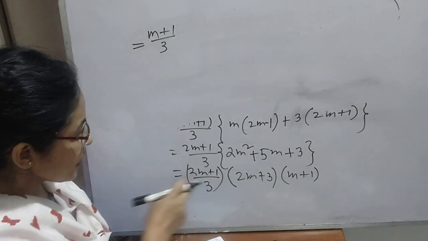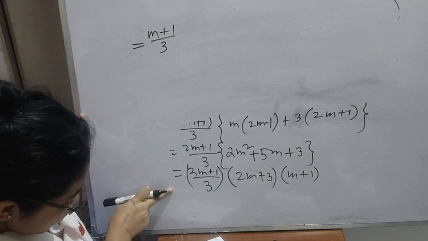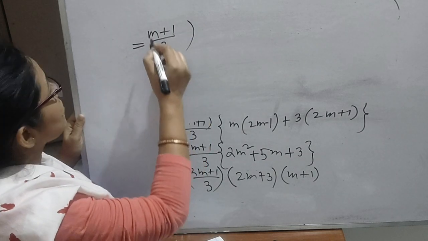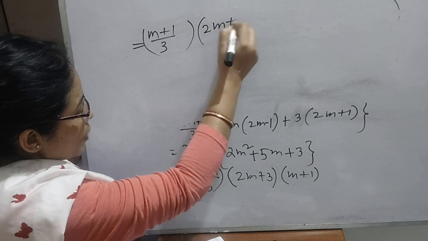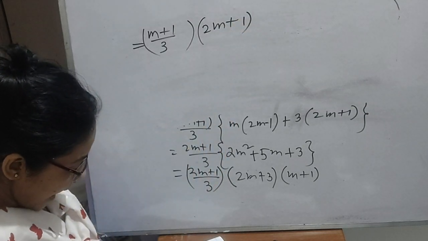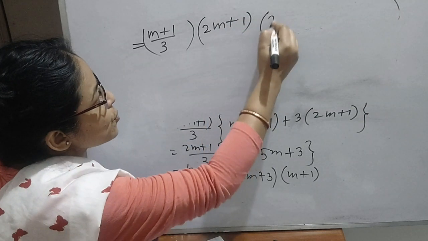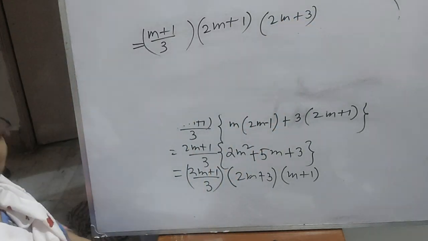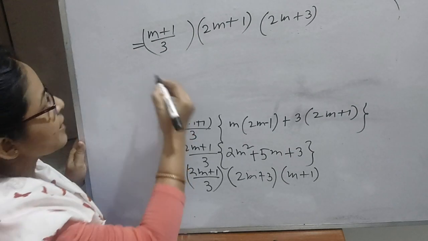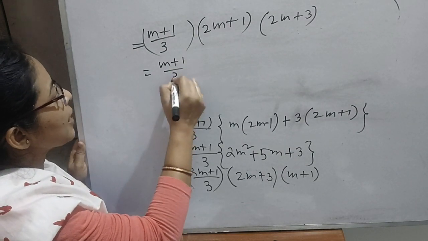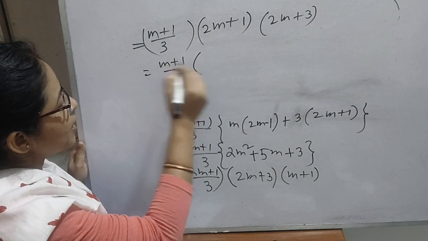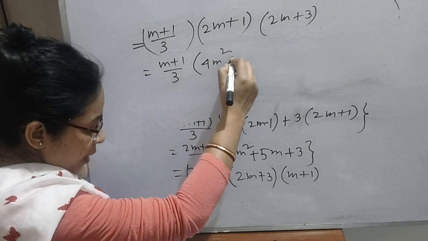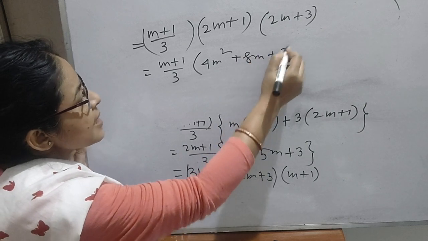This can be written in this way: (m plus 1), next (2m plus 1), and next (2m plus 3). This equal to (m plus 1) by 3, and this equal to 4m square plus 8m plus 3.